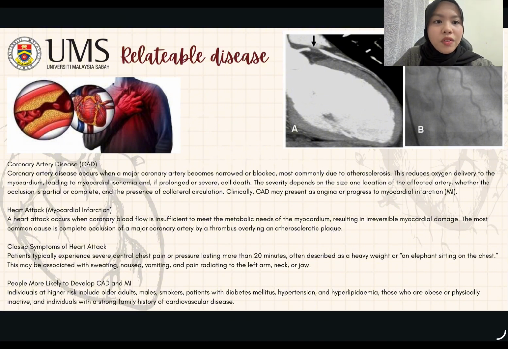The severity of coronary artery disease depends on factors such as the size and location of the affected artery, the degree of occlusion, and the presence of collateral circulation. So mild disease may cause chest pain known as angina, especially during exertion. Severe disease can progress to myocardial infarction or heart attack.